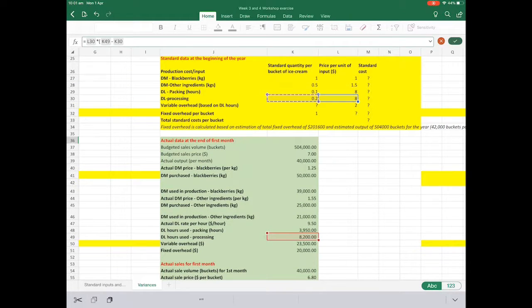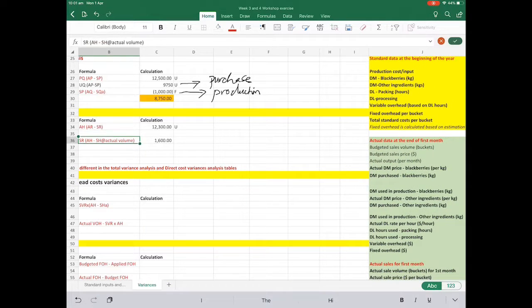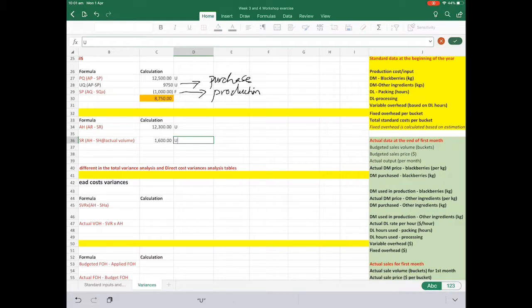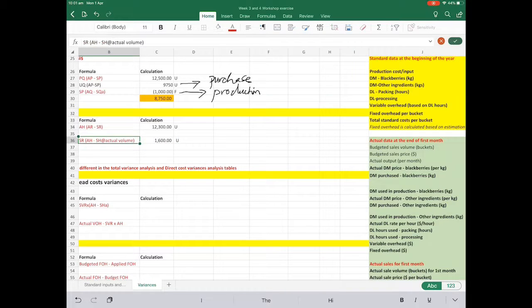Now that is the standard. If the standard goes well, then how much we should have spent. Again, it's unfavorable. The reason is, inside is actual minus the flexible standard. Therefore, if that is positive, it just means that the actual is more than what we expected.